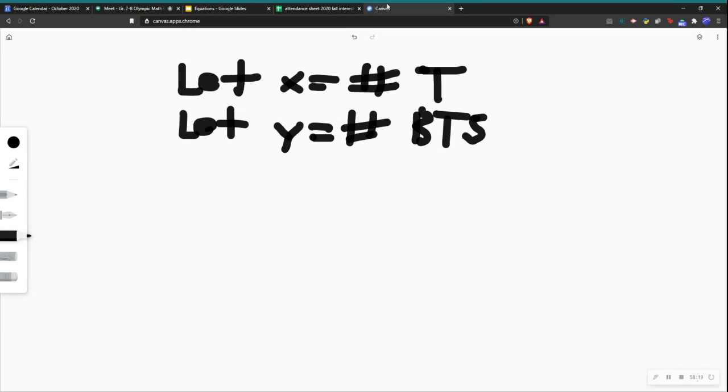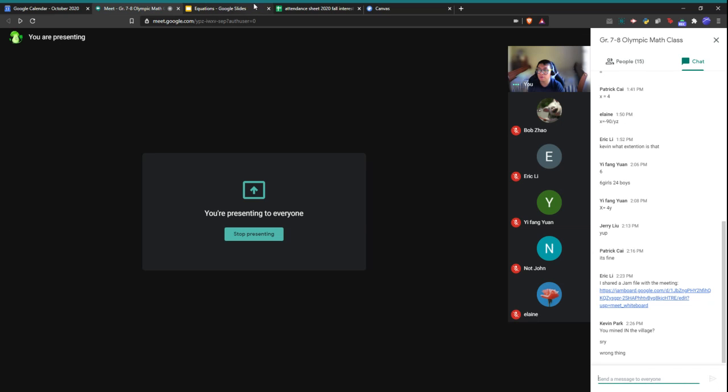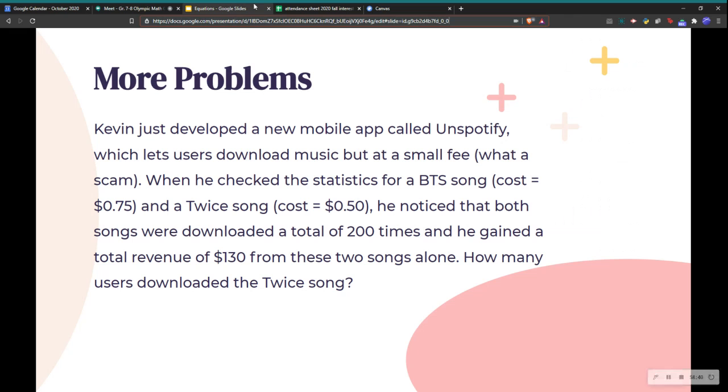In total, yeah. So now we're trying to figure out 2 equations to relate these 2 variables. So give me one of the equations. Call this equation 1. I want to figure out one equation for this. Yeah, so we have number of total downloads for these 2 songs is 200.